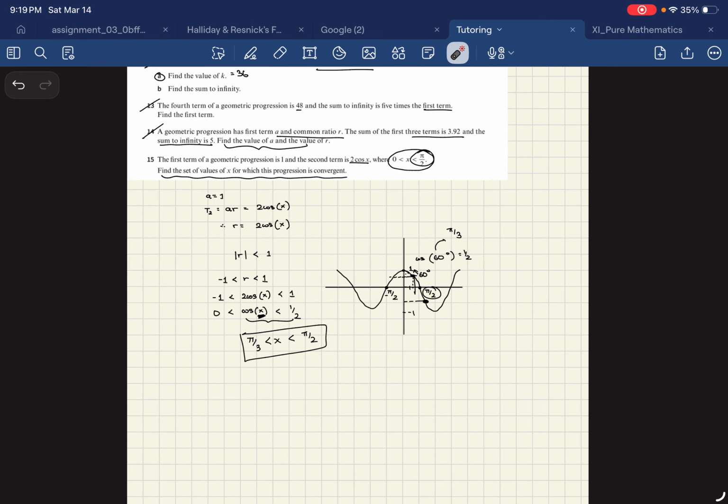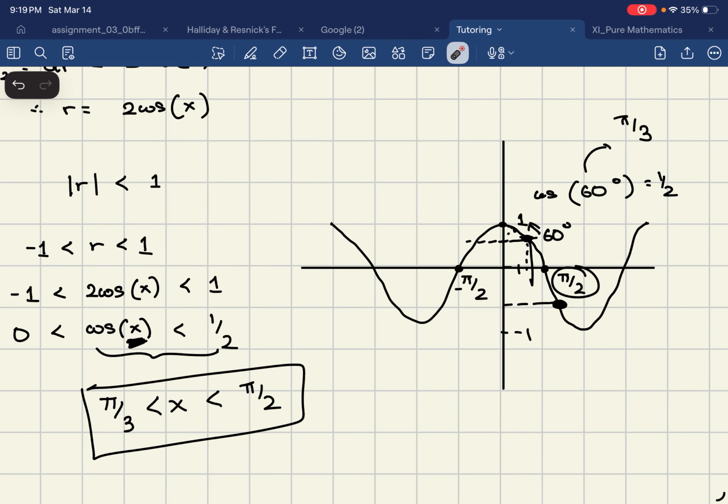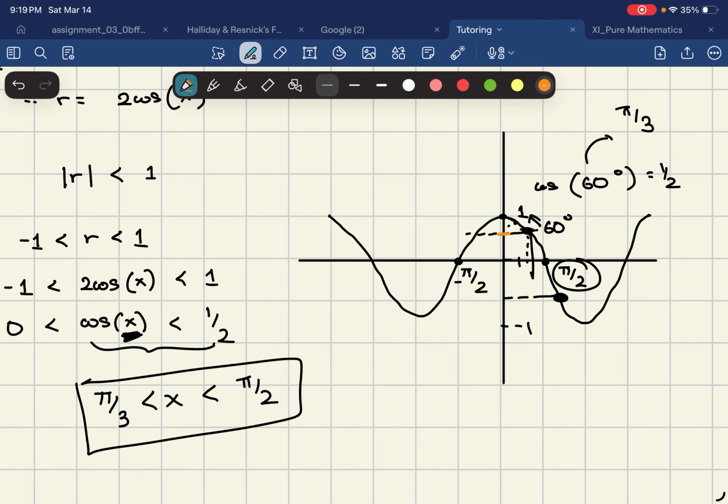So I hope that explanation was satisfactory, although I know I got stuck a bit. But the idea is you want to draw the graph out, and you notice that cosine 60 degrees is a half, which is 0.5. In the second quadrant, cosine is negative, so at 120 degrees, cosine 120 degrees is -1/2.